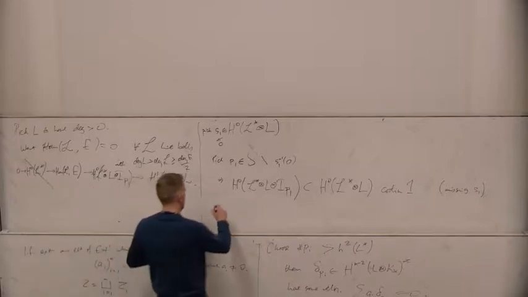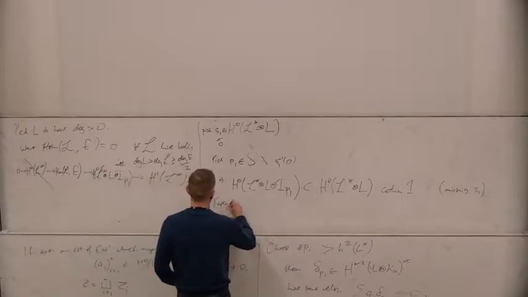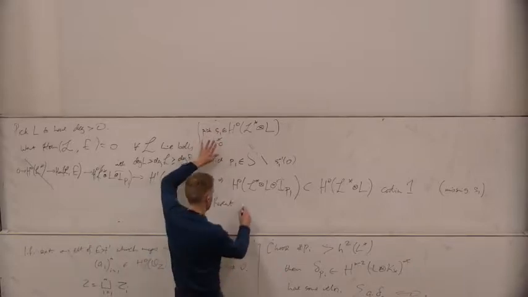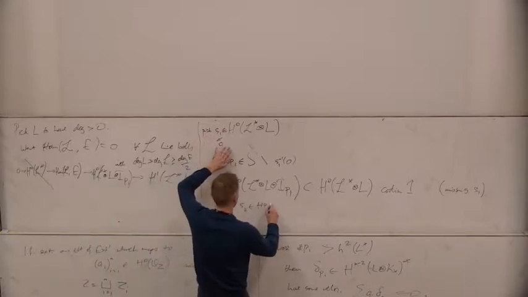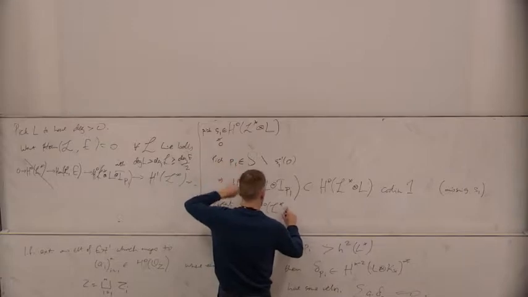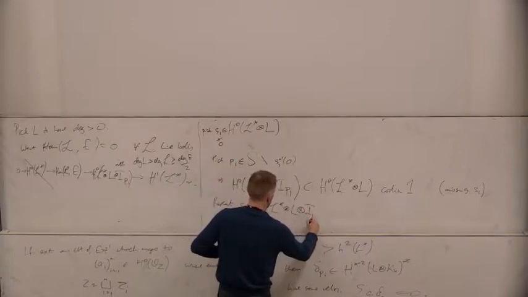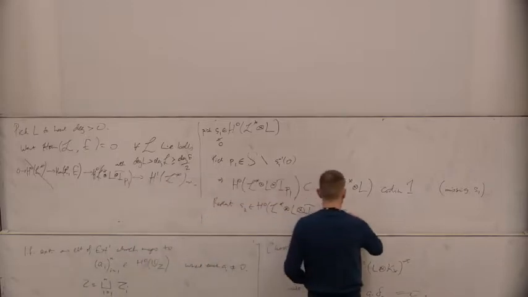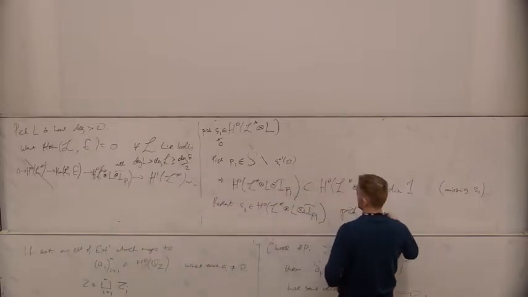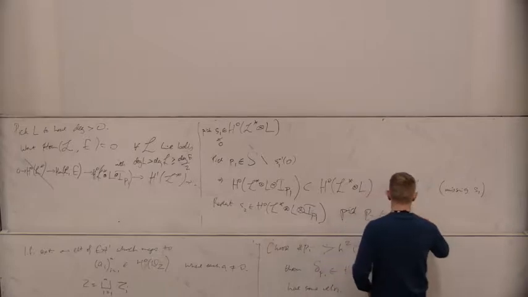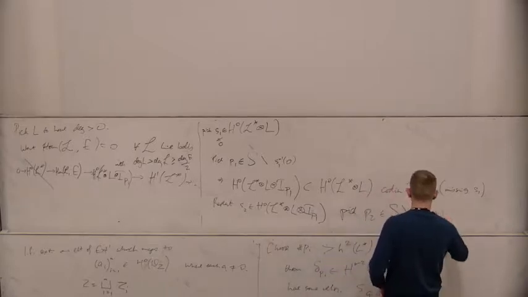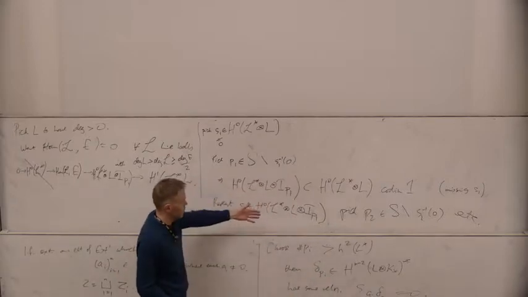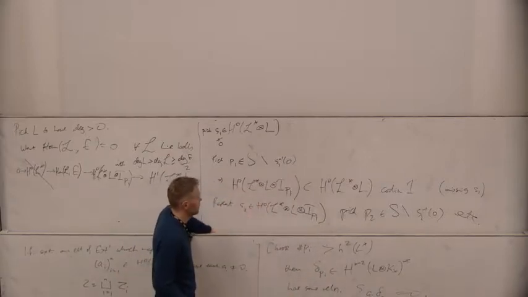And similarly, so repeat. If I start with a section S2 of this guy, and now I pick P2 in S, take away S2 inverse of 0, etc. Okay, so I can choose my P2 to also cut down by 1, and so on and so forth.